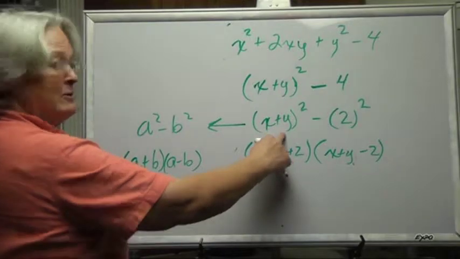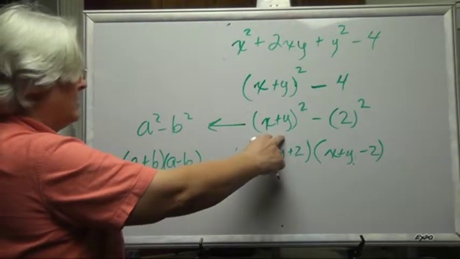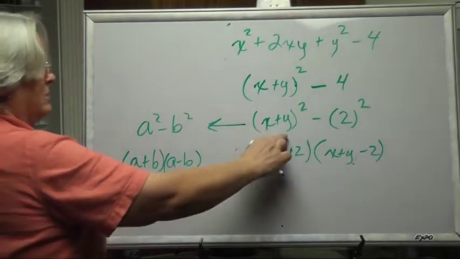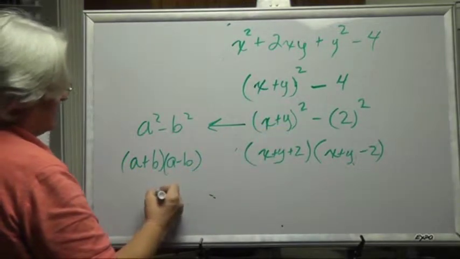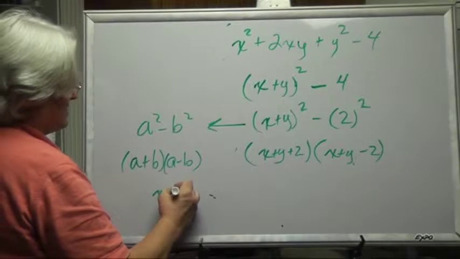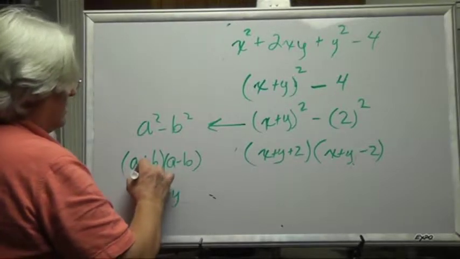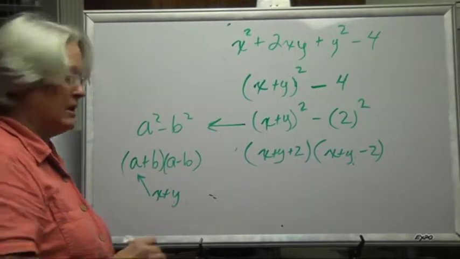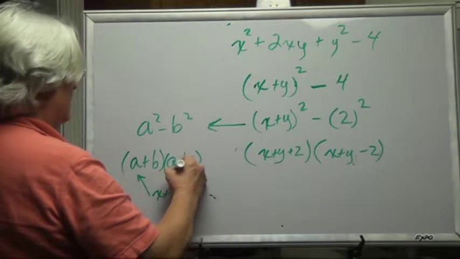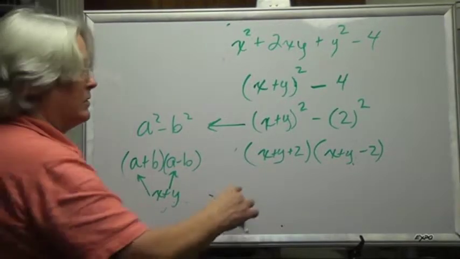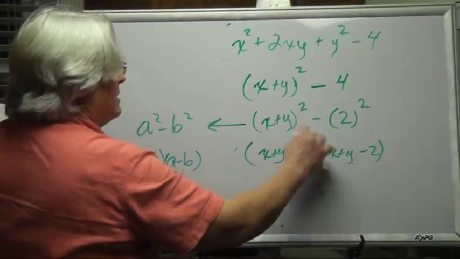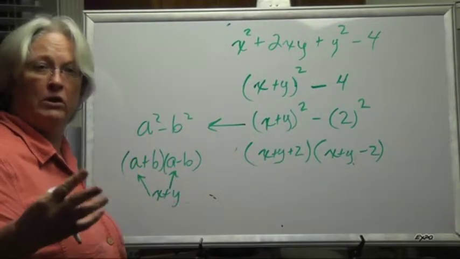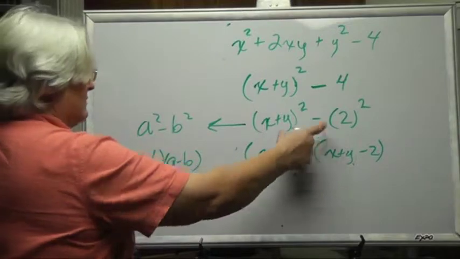And then you have to remember that the square root of the first term is actually a binomial, so x plus y goes in anytime you have the a. So that's how we end up with x plus y plus 2 times x plus y minus 2 when factoring this difference of two squares.